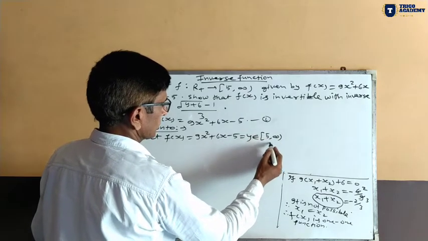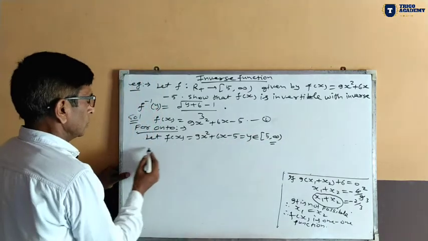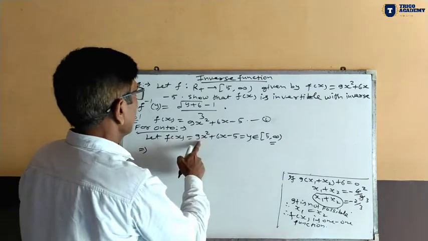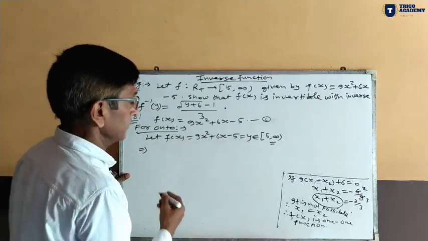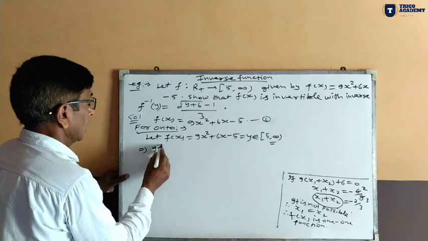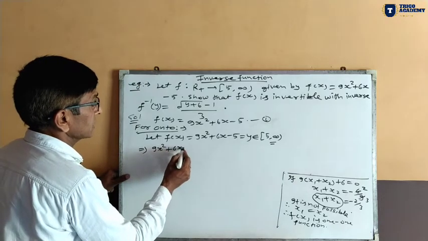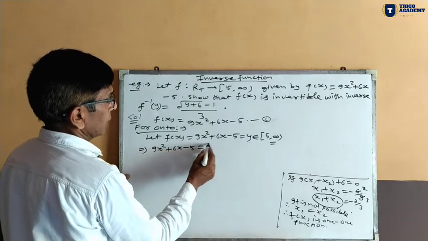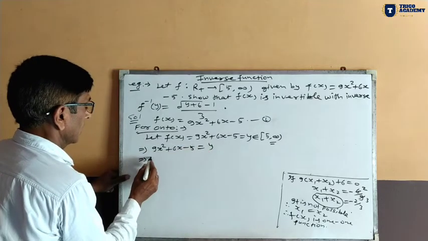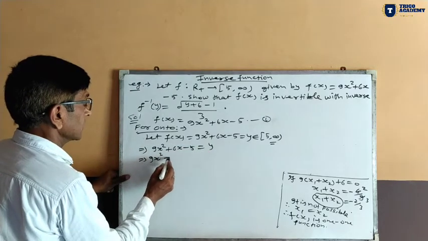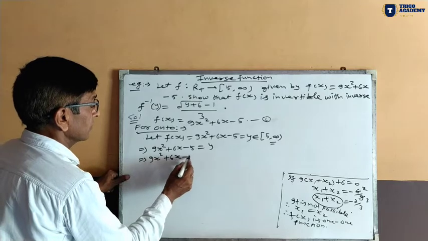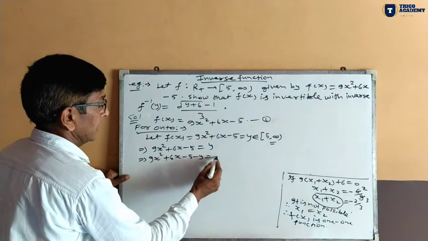Now we find the value of x in terms of y. 9x square plus 6x minus 5 equal y, or 9x square plus 6x minus 5 minus y equal 0.